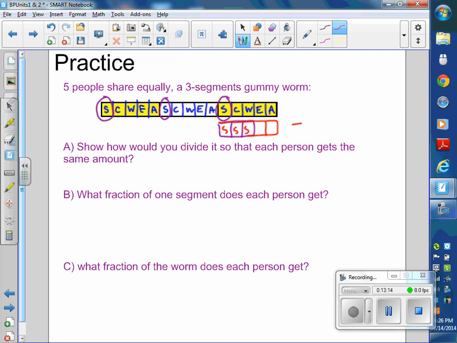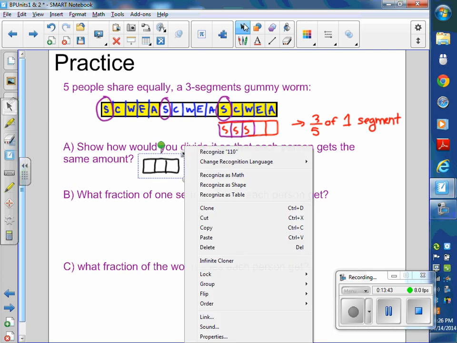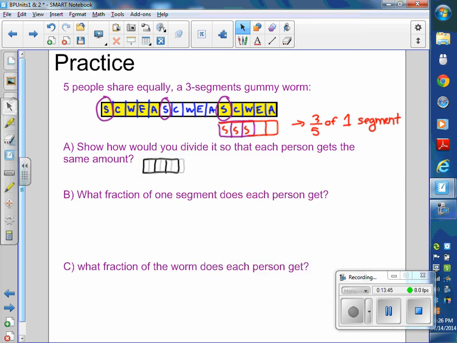So he gets 3/5 of 1 segment. That's unit rate. So that's harder for people to talk about and to show in pictures. But you could, after you figured that out, show that picture and then kind of use initials. So that would be one way.